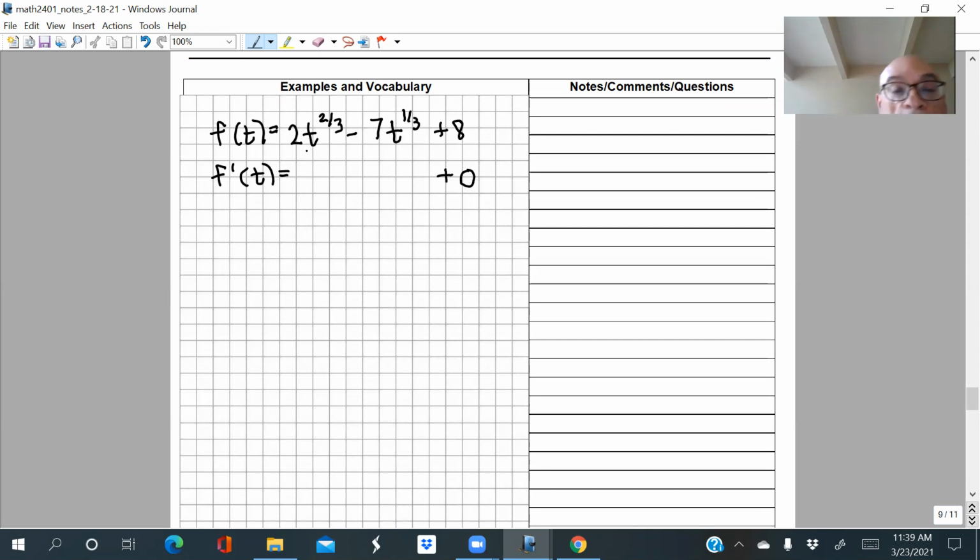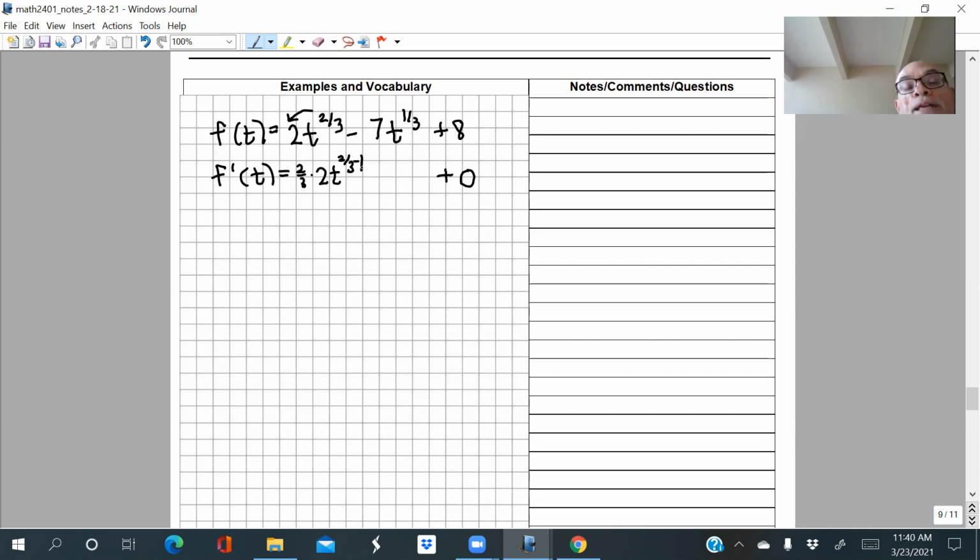These two terms we can differentiate because we can use the power rule, since here we just have our variable raised to a power. And the power rule says all you have to do is bring down the power, right? So I would have 2/3 times, keeps the 2, it keeps the constant, and then t to the, and then remember you subtract 1 from the exponent.